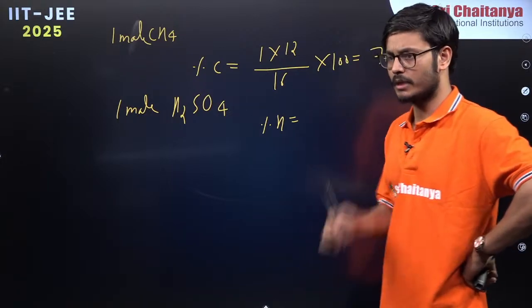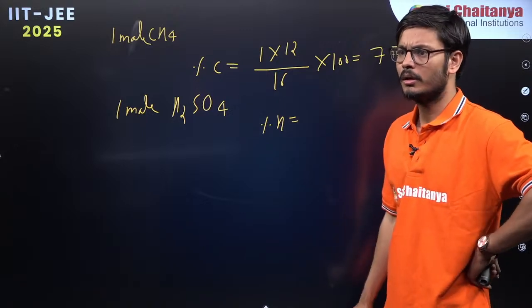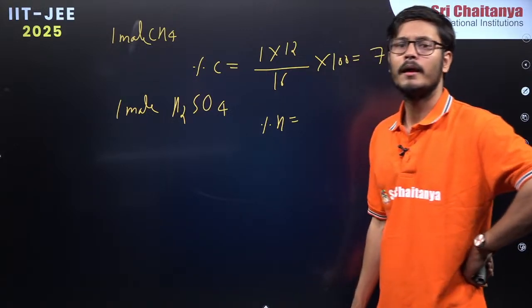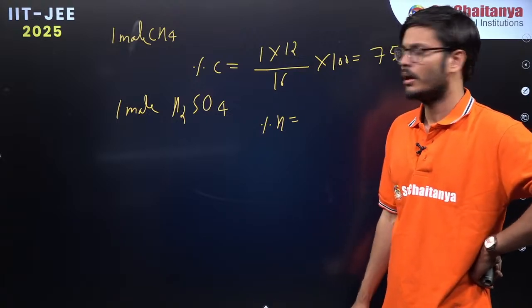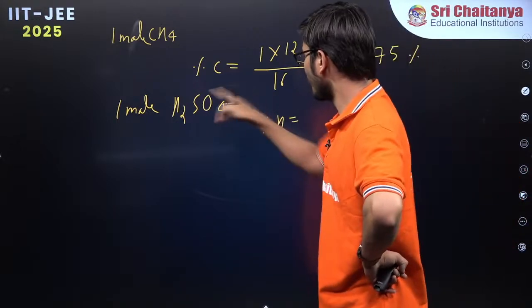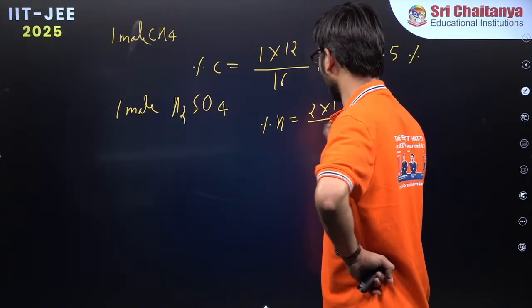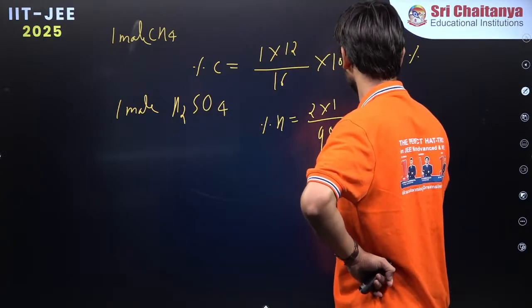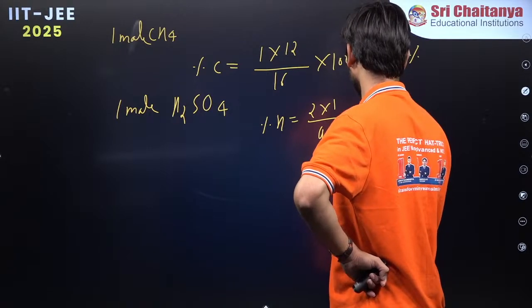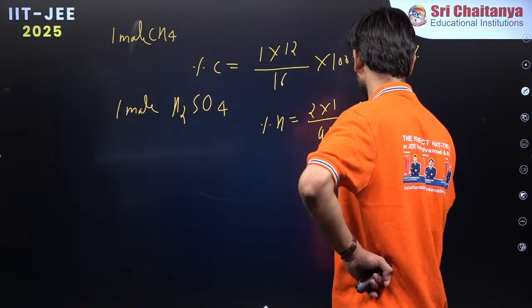Approximately 2. 100 by 49. Yes, very good, Revati. So the percentage of hydrogen is 2 into the mass of 1 hydrogen, which is 1, divided by the total mass of the compound, 98, into 100, which is equal to 100 by 49%.